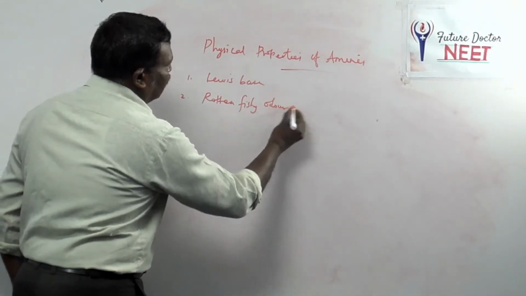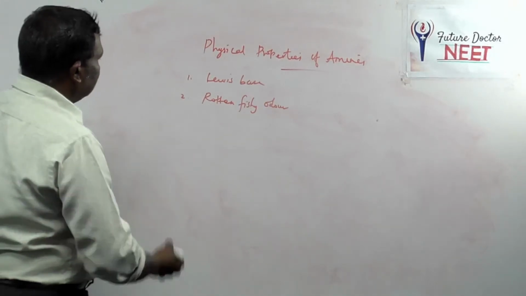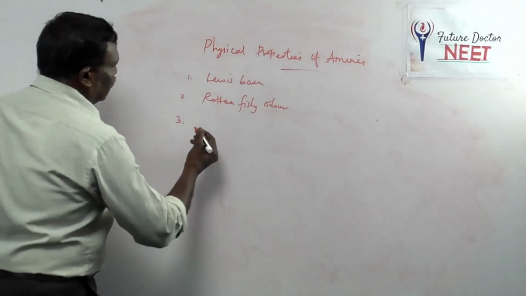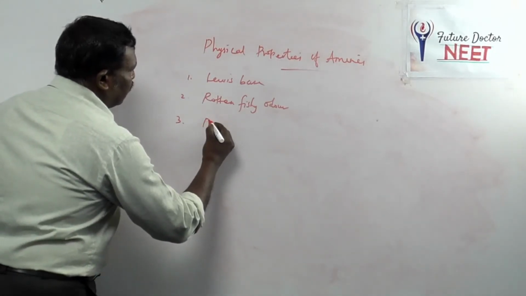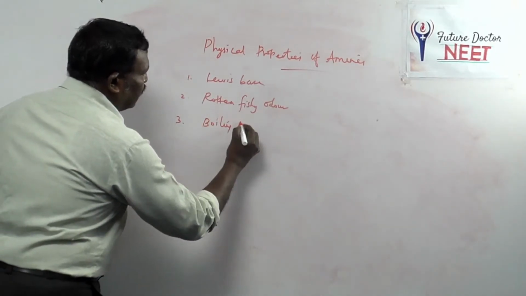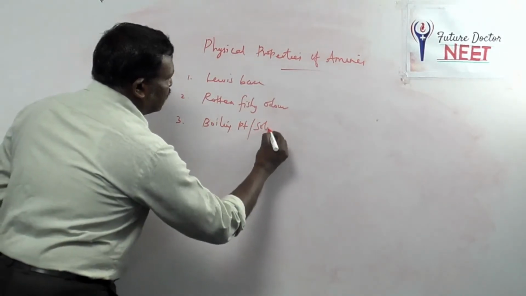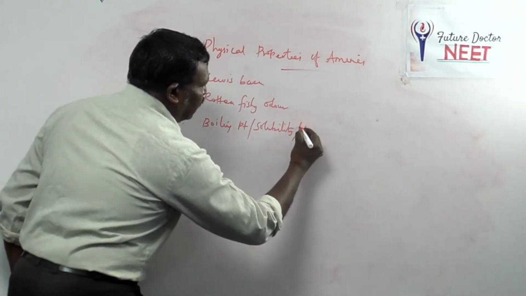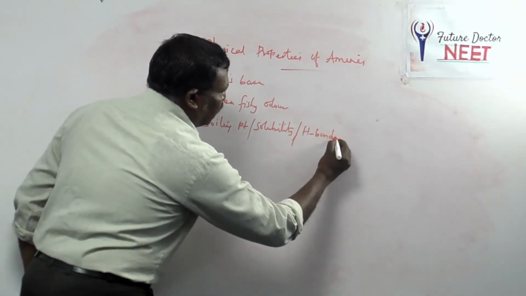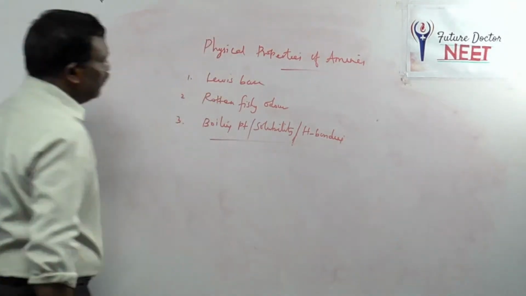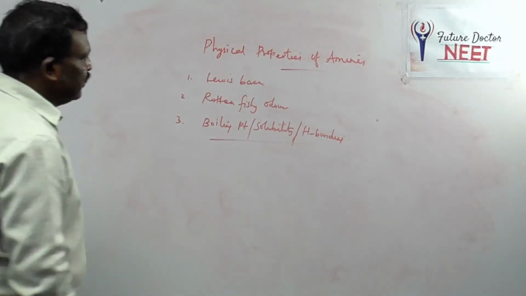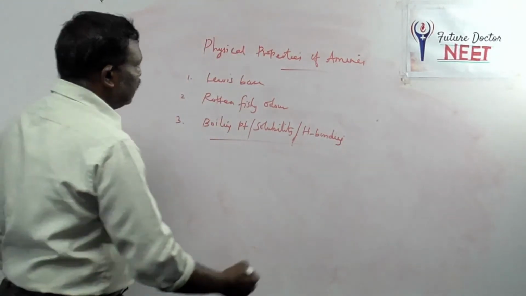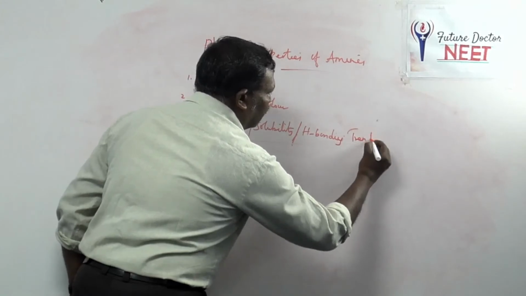Then boiling point, solubility, hydrogen bonding. Just write: boiling point, solubility, hydrogen bonding. Trend. Put like that.